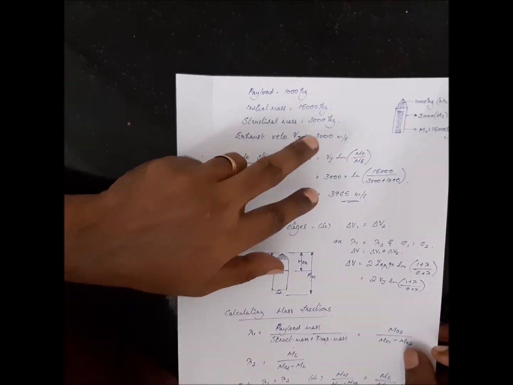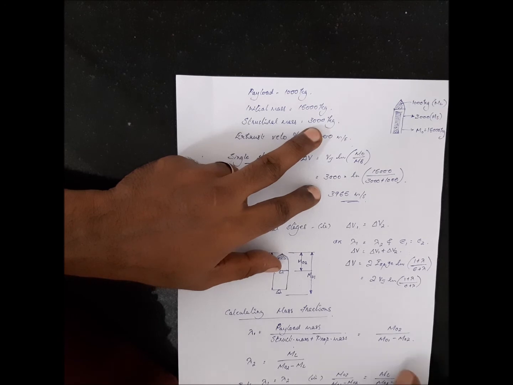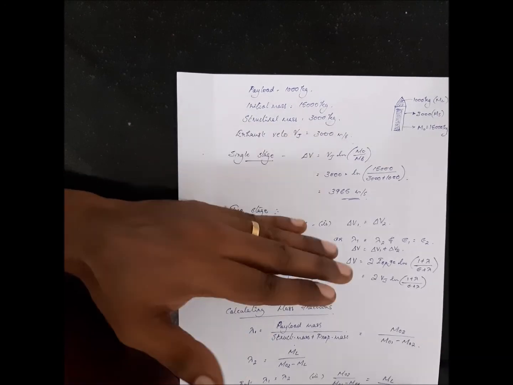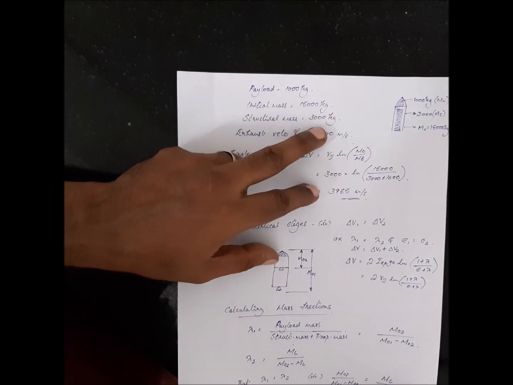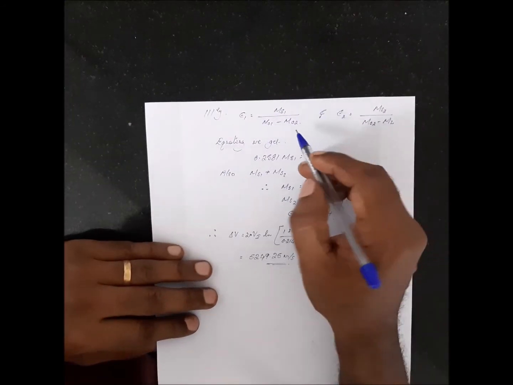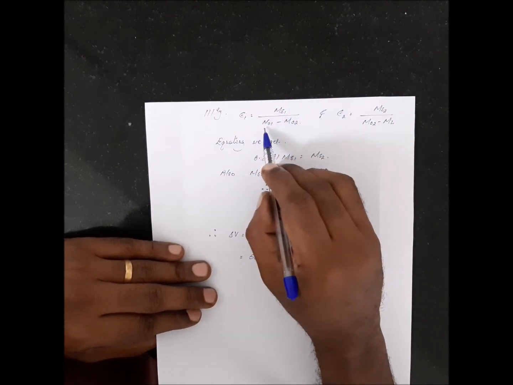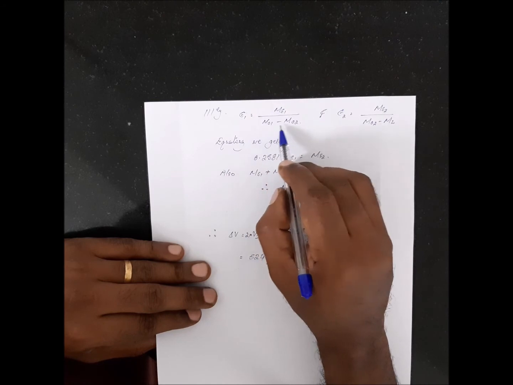So in the question, the total structural mass is 3000. Now if you divide that into two stages, the total structural mass should be 3000. So you can say that Ms1 plus Ms2 is 3000, and we are considering the first stage. So Ms1 divided by the first stage denominator, M01 minus M02.